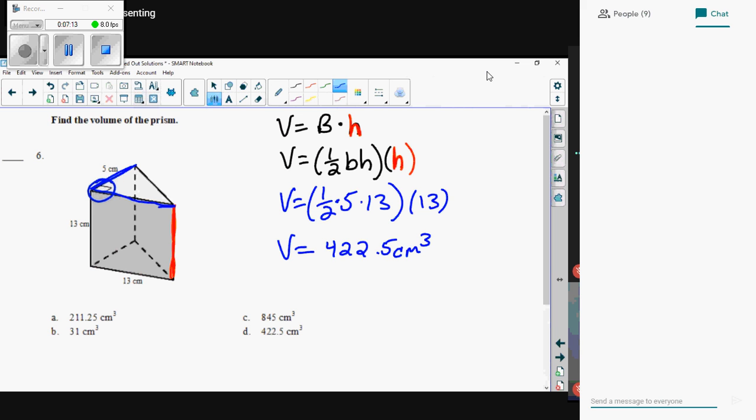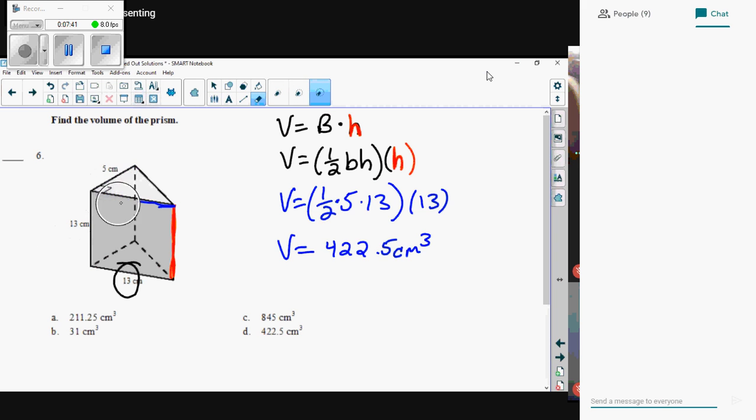Now, one of the things that I tell the kids, and it's kind of cheating, but I still like to say it, is that if you notice, you have 3 measurements here, and the volume is the product of these 3 measurements, but then we take half of it. That's going to work almost all of the time, but not all of the time, all right?